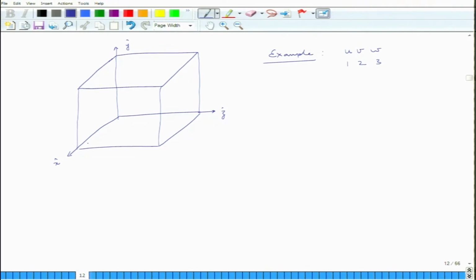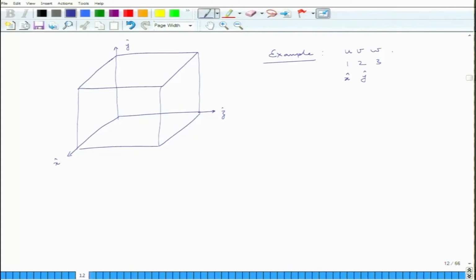What it basically means is that you have one lattice translation along x, two lattice translations along y (as opposed to a plane, it is not half, it is 2 lattice translations), and 3 along z.